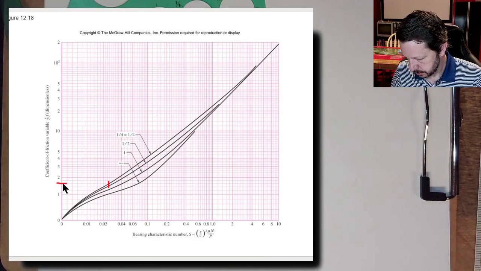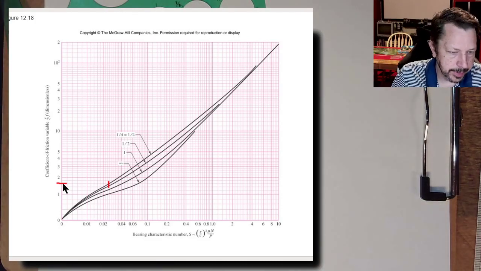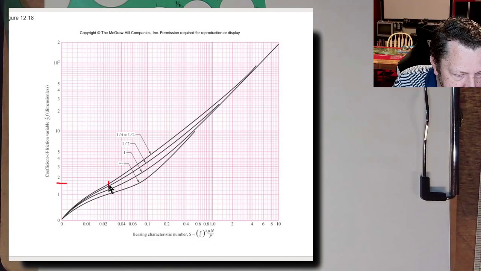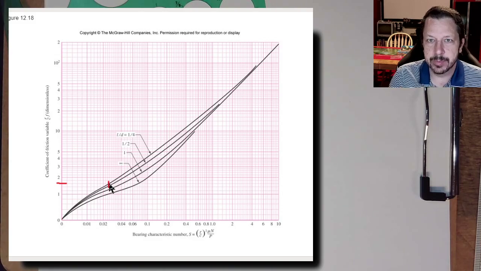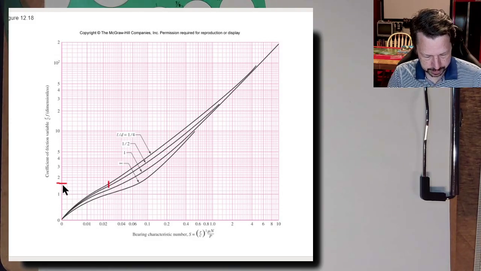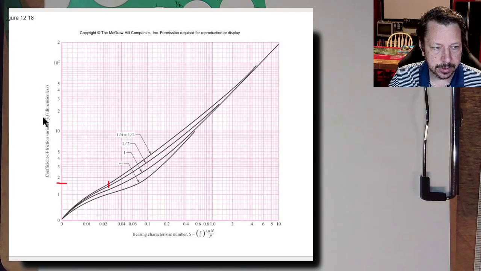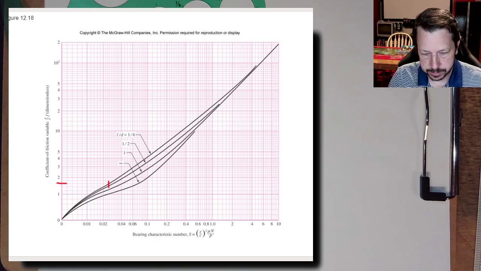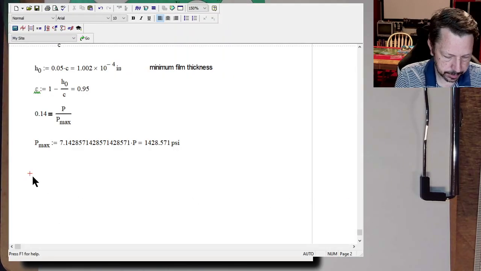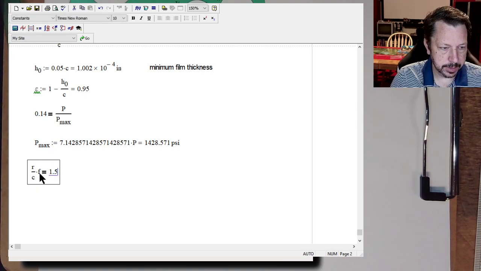I used 1.5, so if you get really close in there, I'm using a really big marker on this thing. So 1.5 for our coefficient of friction variable, R over C times f. So let's go to Mathcad. R over C times f equals 1.5, and we're going to solve for f.